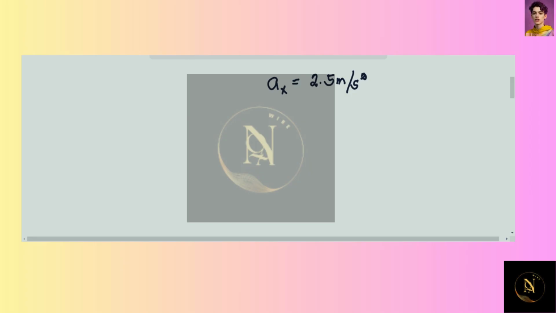We will use this kinematic equation to get the final velocity, which is v sub x squared is equal to v sub naught x squared plus 2 multiplied by the acceleration and the distance covered.